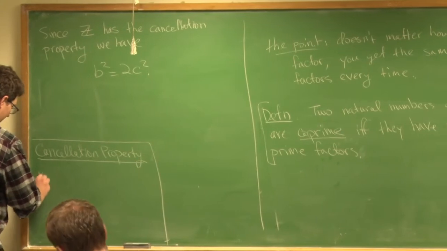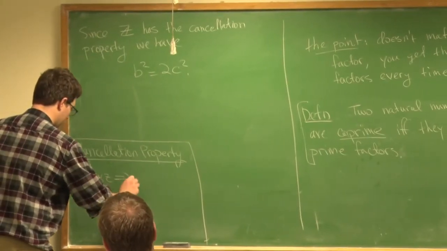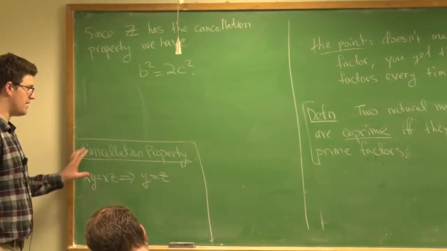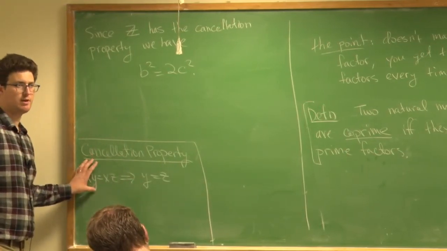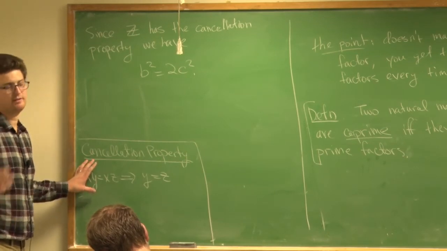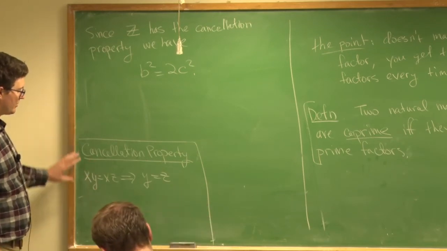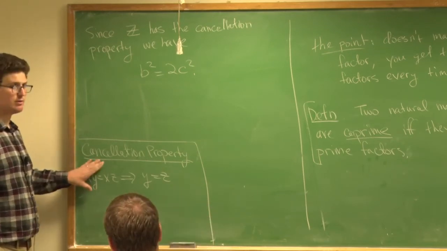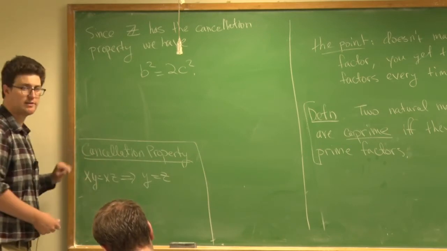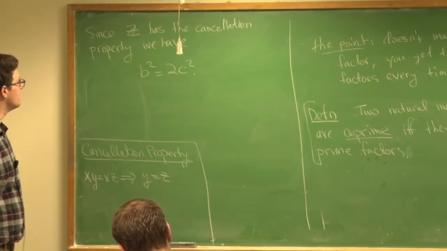It says that if xy is equal to xz, then this implies that y is equal to z. And not every commutative ring has this property. Only special rings do, and those special rings are called integral domains. It's a little fun fact. This is one of the things we need to know about the integers in order to do this proof rigorously. But I'm going to tell you guys that this is true, and we'll come back to this maybe later.